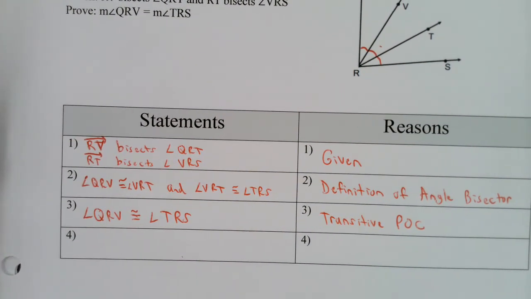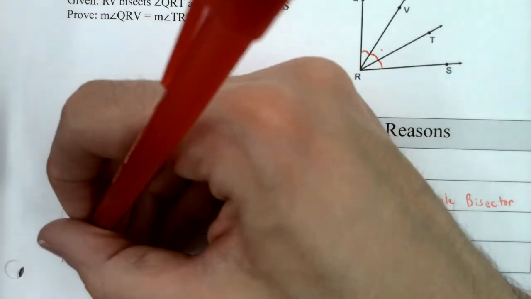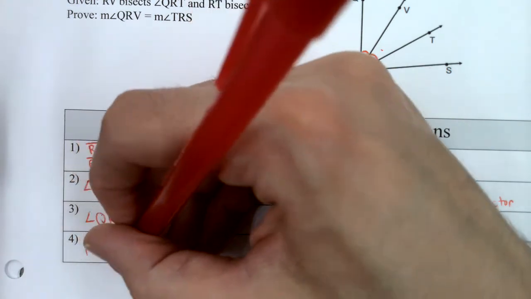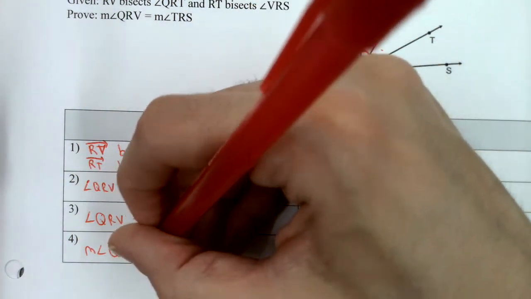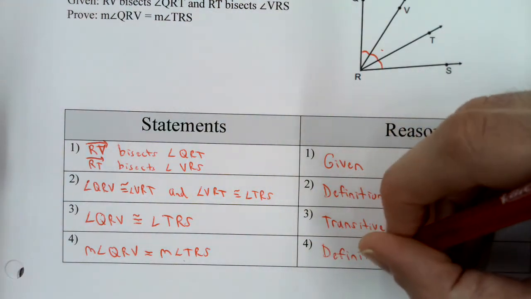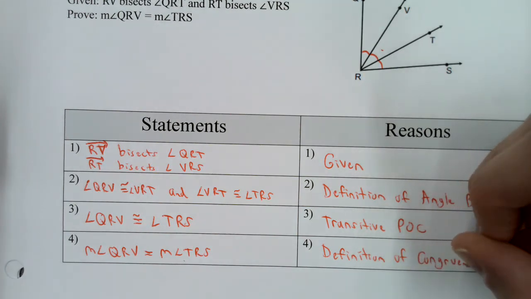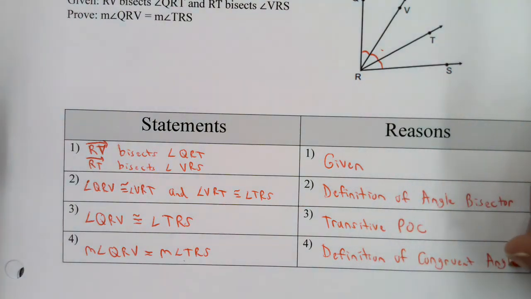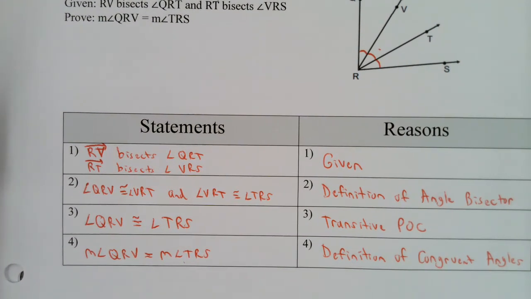And now, since I know the two angles are congruent, I can get to my statement I have to prove. I can say the measure of angle QRV equals the measure of angle TRS, and that is called the definition of congruent angles. Okay? And that is the end of that lesson. That lesson was just called Proving Angle Relationships.